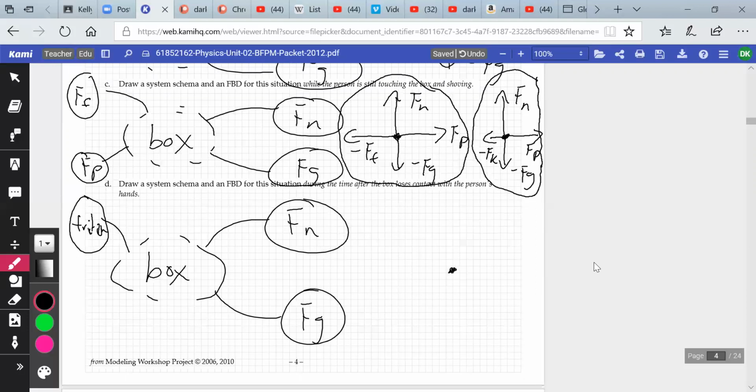Okay, so then normal, no longer pushing force here. I can just say kinetic friction or just friction force. So does that make sense there? You guys see that?